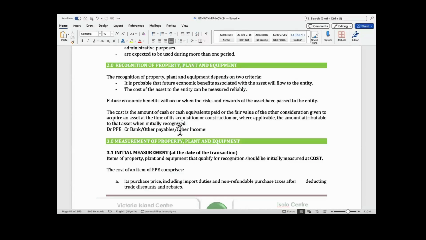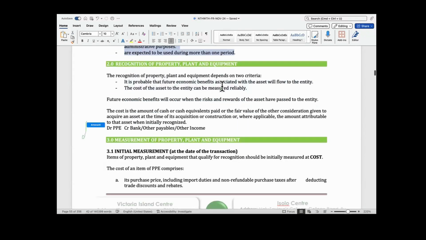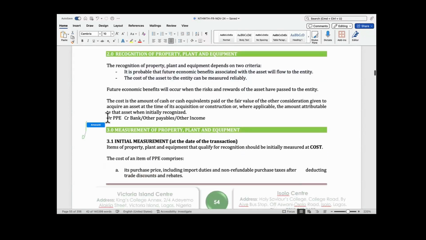So what you need to know here today, as far as recognition is concerned, is your ability to never forget these two conditions. And as far as definition is concerned, you must be very comfortable with this definition. And this is how you incorporate it in your books.